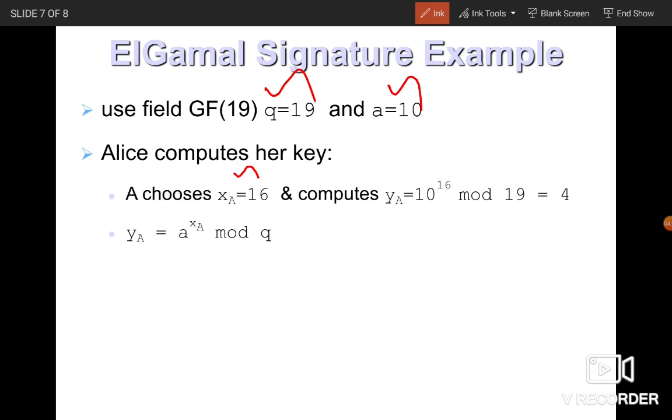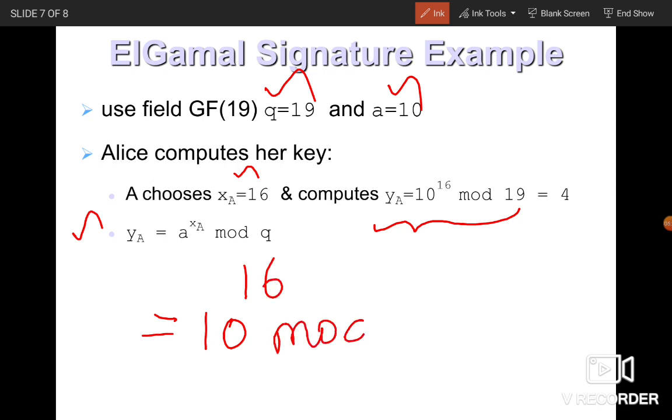So she chooses her private key as 16 and using the private key she calculates her public key. The formula for calculating the public key is YA equal to A power XA modulus Q. What is the value of A? It is 10 and XA is 16.